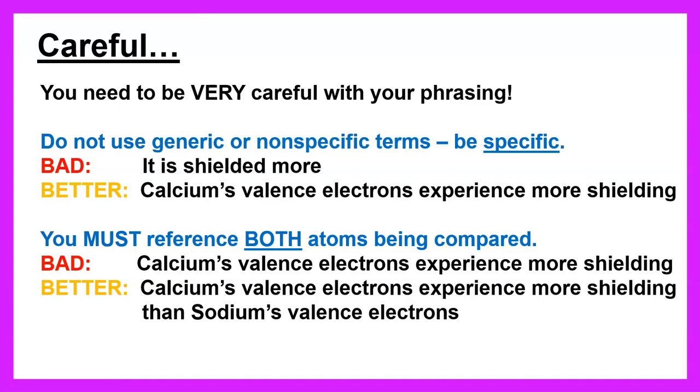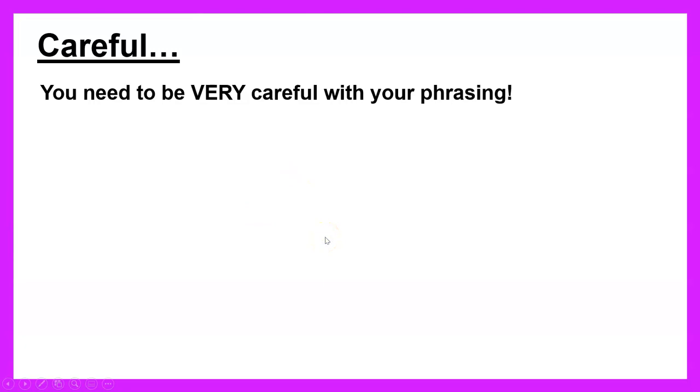Even if everybody knows what you mean, right? You have to explicitly say the second element you're referring to. Now, typically, even that's not good enough. So the other thing that's really important is that you have to give reasons. You have to actually explain or justify.